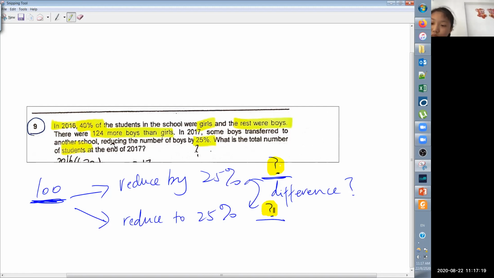What's the answer for each? 第一个是 75. So the first answer is 75, you are saying. Then what about this? 25. Very good.